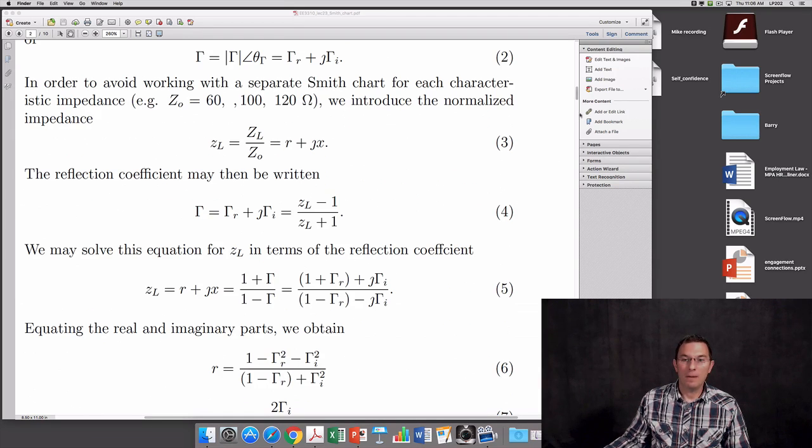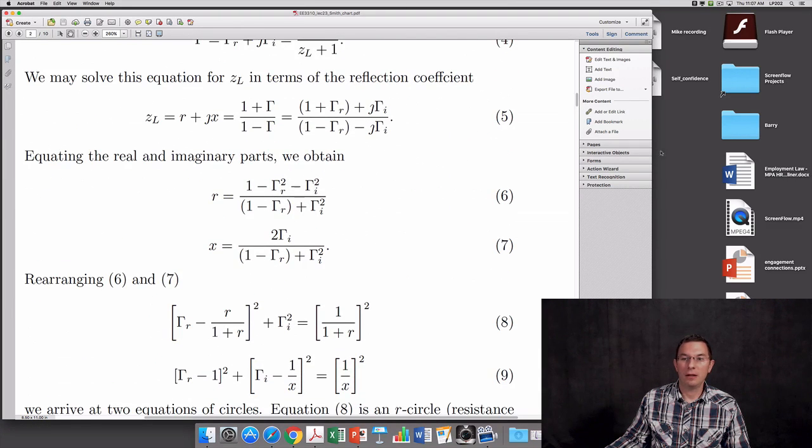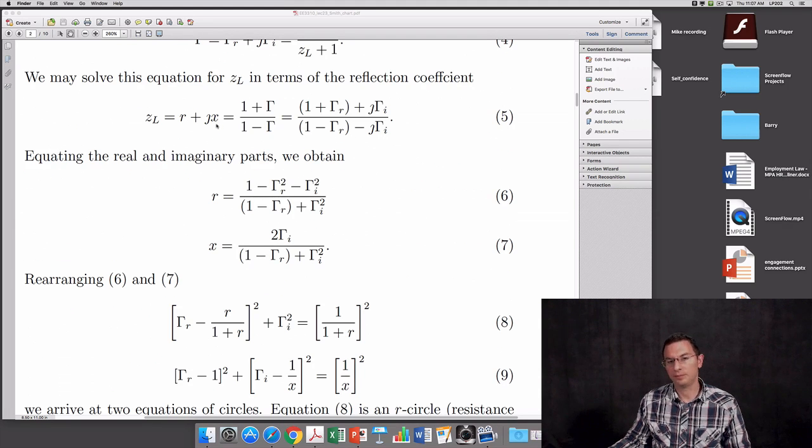Now, once we separate the reflection coefficient into real and imaginary parts, it has to be true that the real part of the right-hand side here is equal to little r. Similarly, the imaginary part of the right-hand side is equal to little x, the normalized reactance.